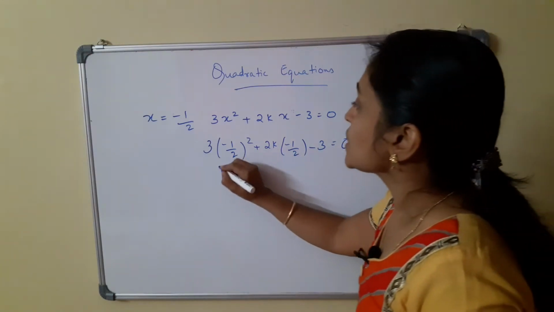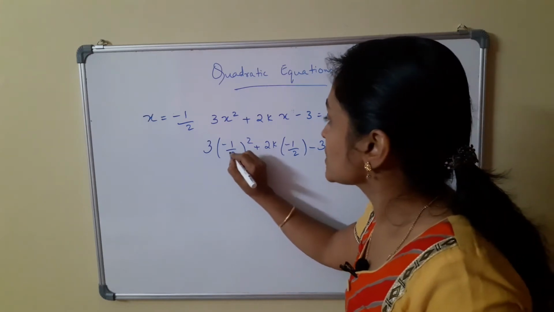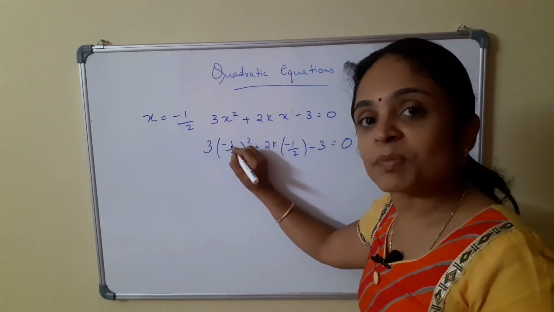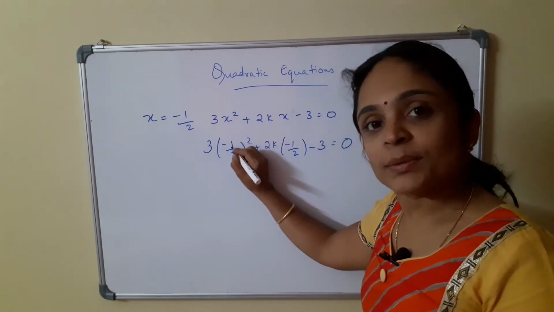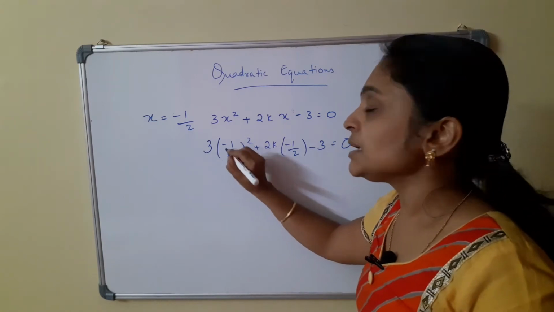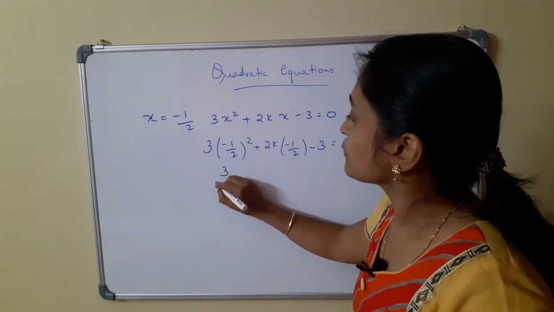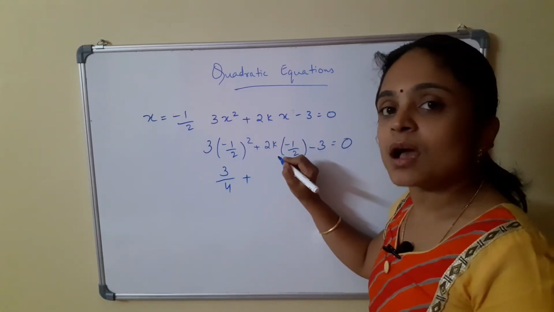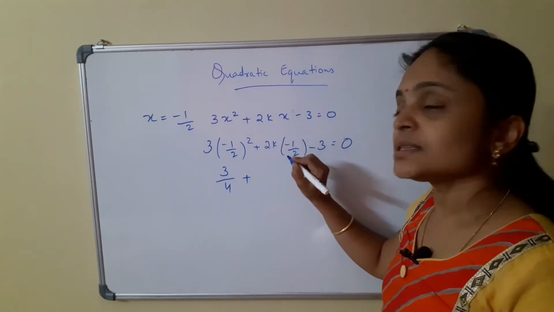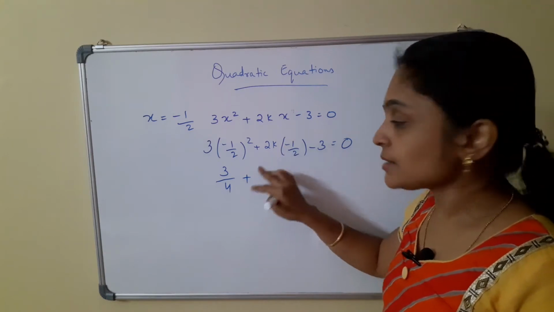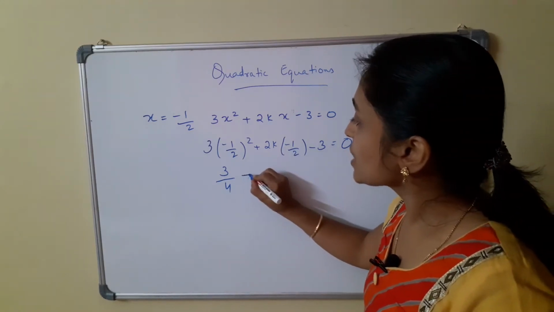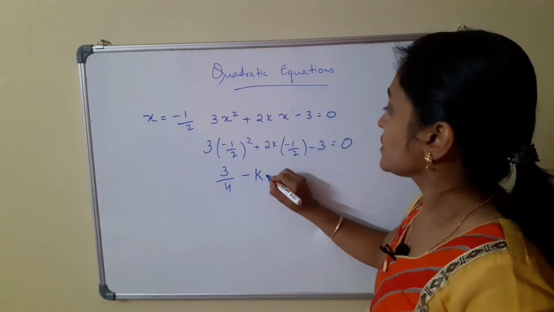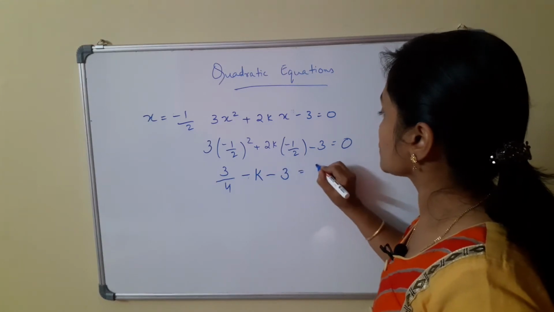right? So 3 into minus half square: minus half square is 1 by 4. So 3 into 1 by 4 is 3 by 4, plus 2k into minus half is minus 1 into k, right? So minus 1 into k is minus k. Then minus 3 equal to 0.